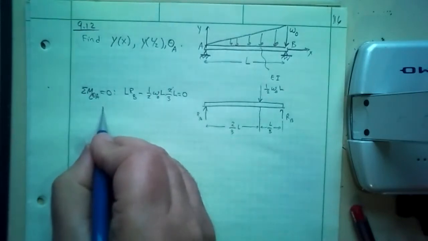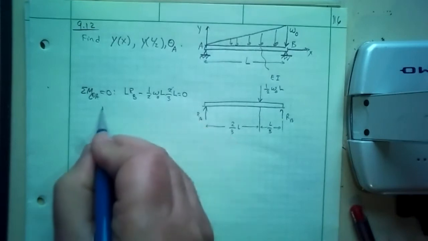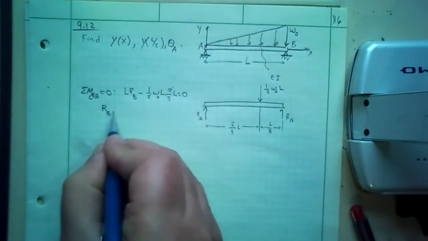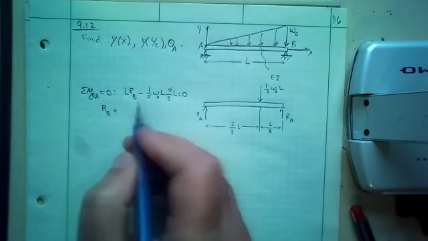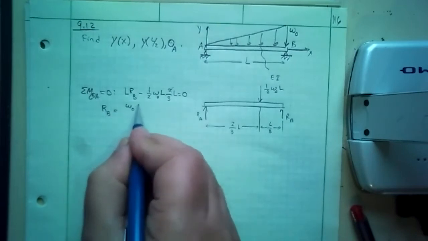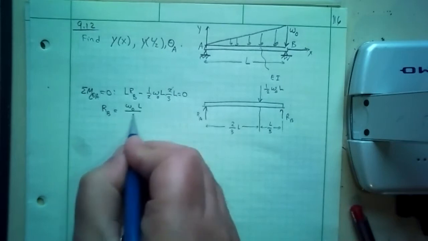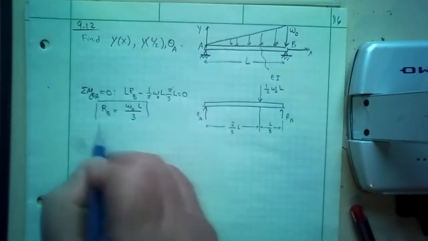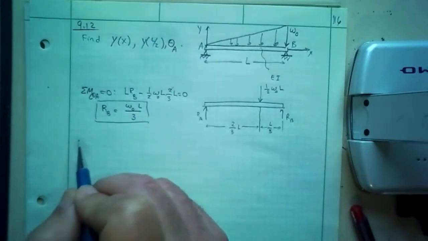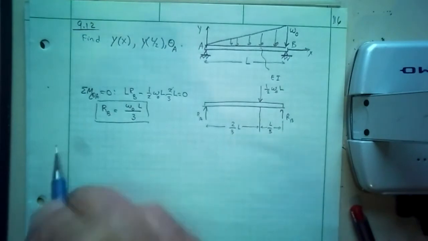So I end up with, I'm going to cancel one of the L's, divide everything by length. RB will be equal to W naught L over 3. That's RB.